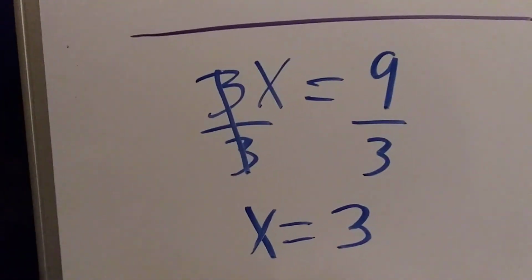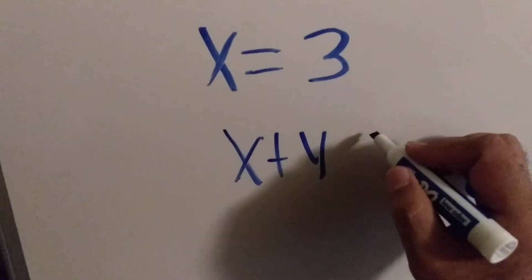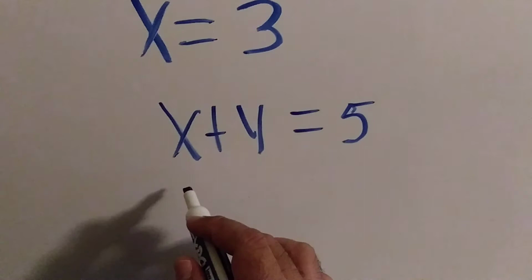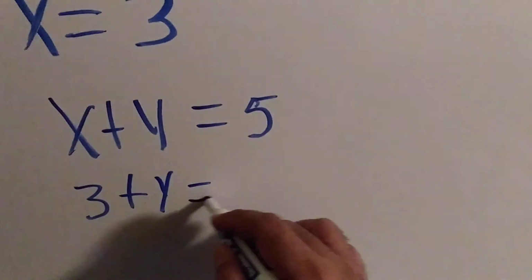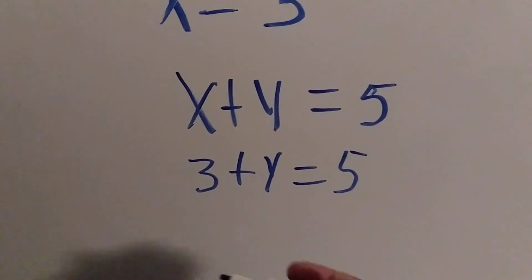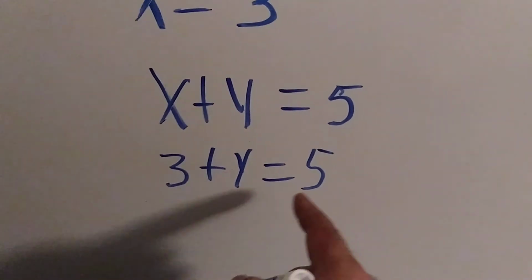So we have x plus y equals 5. And then we said that x is the value of 3. So 3 plus y gives you 5. If you want to do the mental math way, what number plus 3 gives you 5?